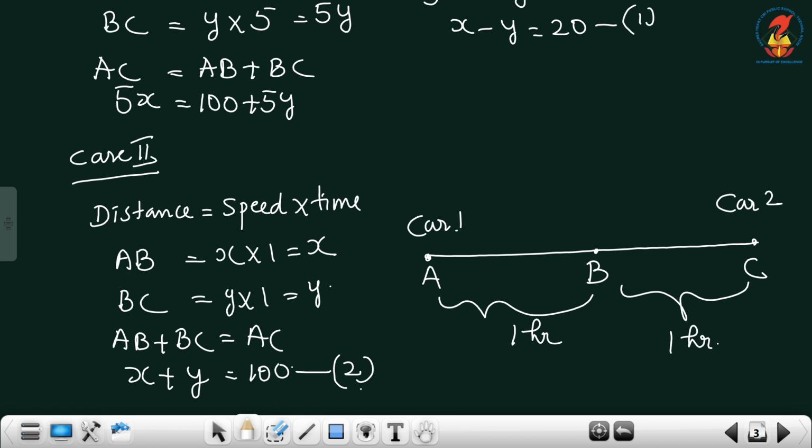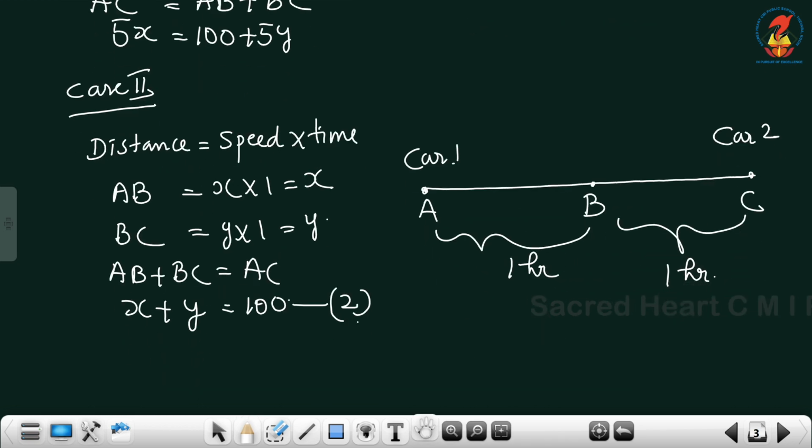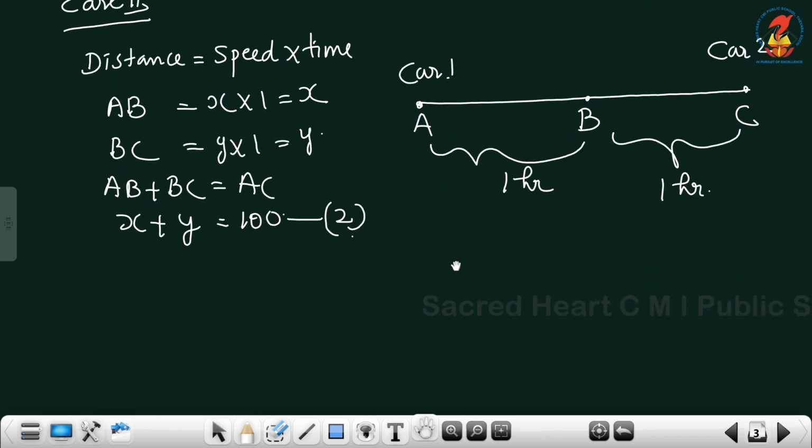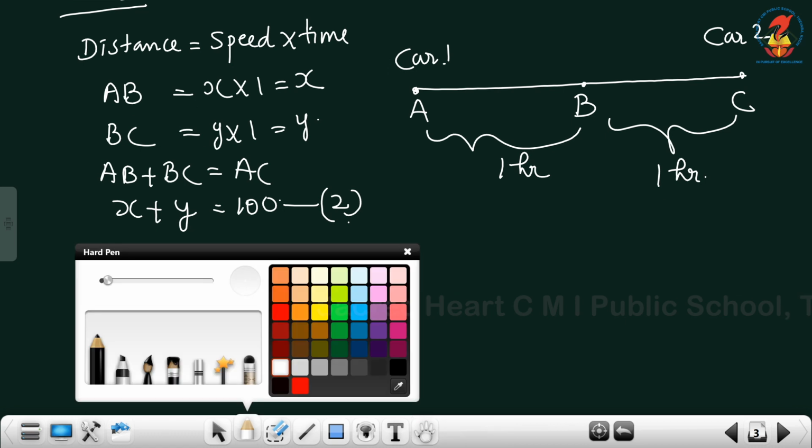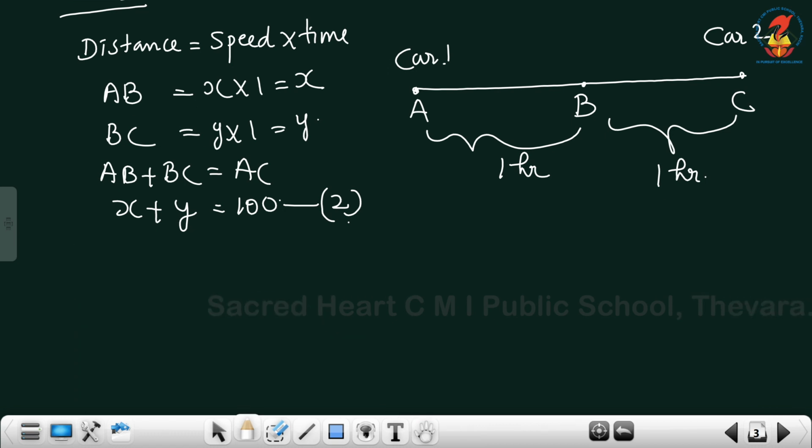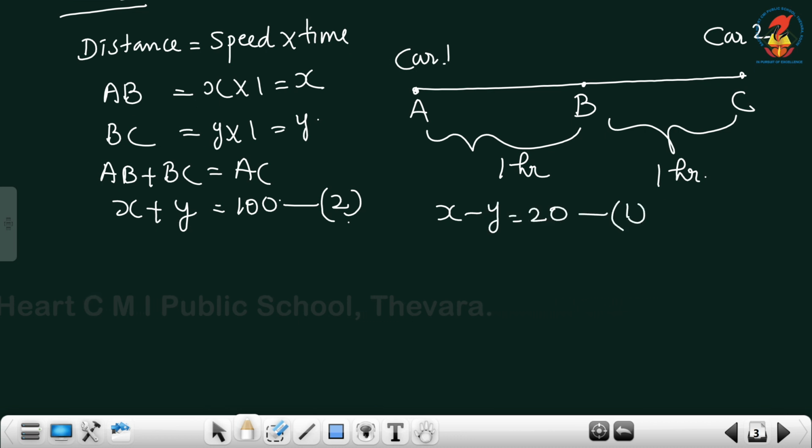From first equation, x minus y equal to 20. This is the first equation. Second equation, x plus y equal to 100.